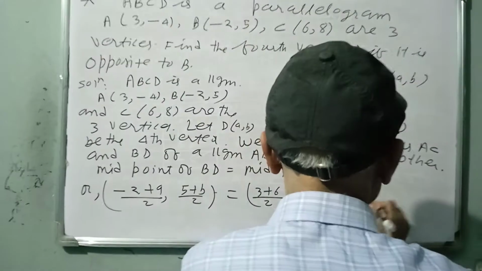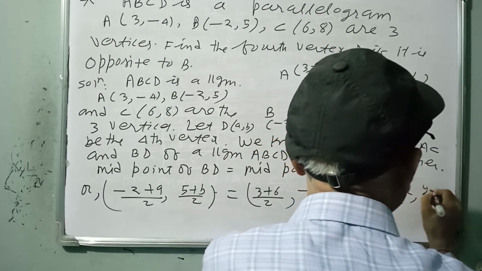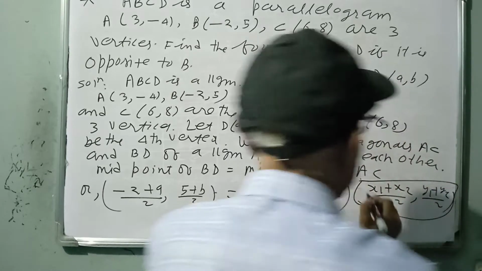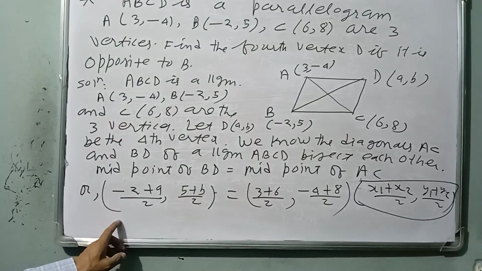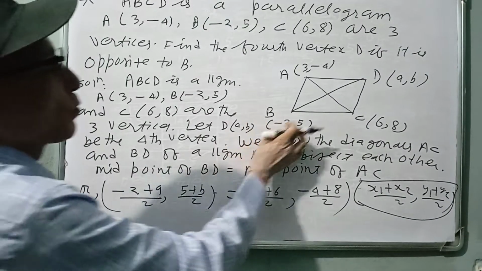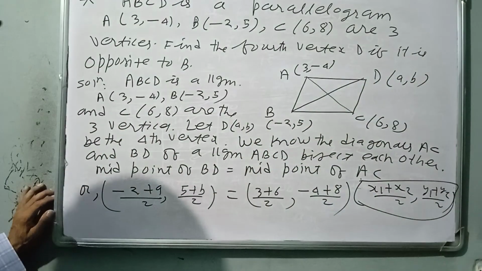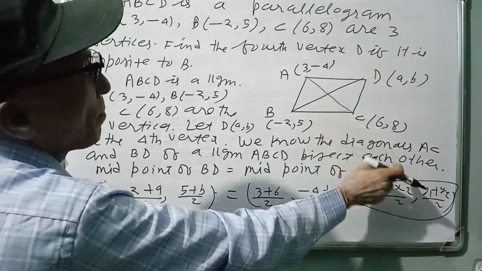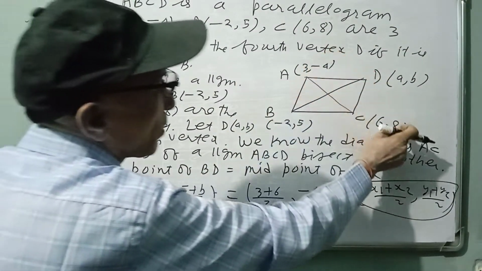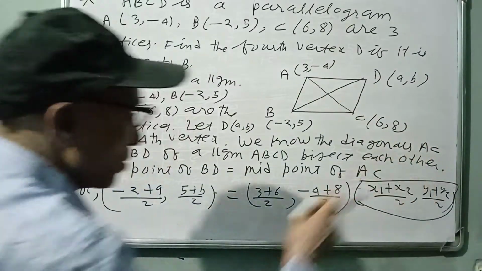What is the formula of midpoint? x1 plus x2 by 2, y1 plus y2 by 2. This is using the midpoint formula. Midpoint of BD is (x1 plus x2 by 2, y1 plus y2 by 2). In the same way, midpoint of AC is (x1 plus x2 by 2, y1 plus y2 by 2), with the x's first and the y's after.